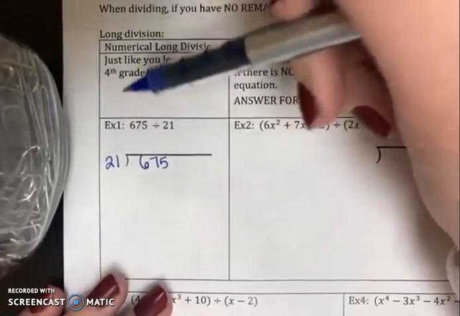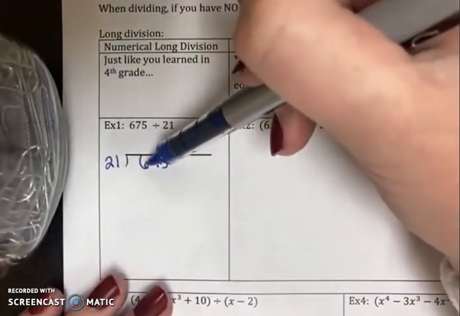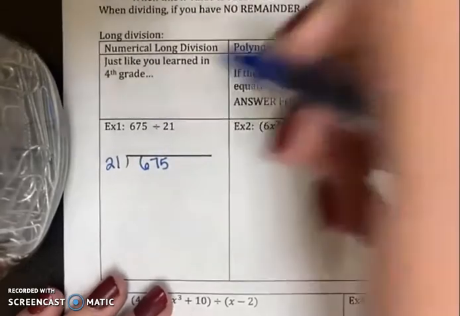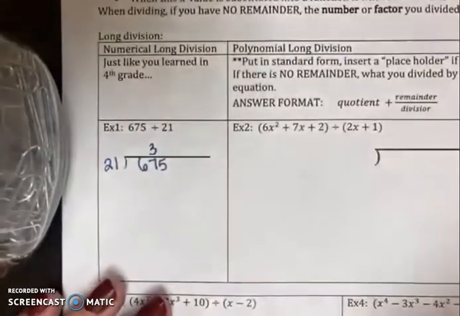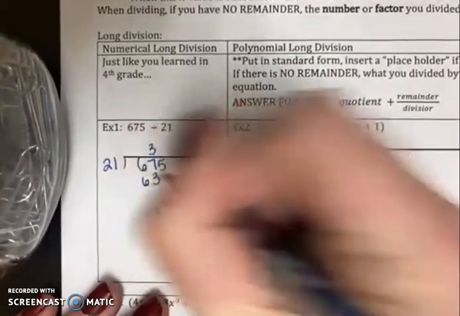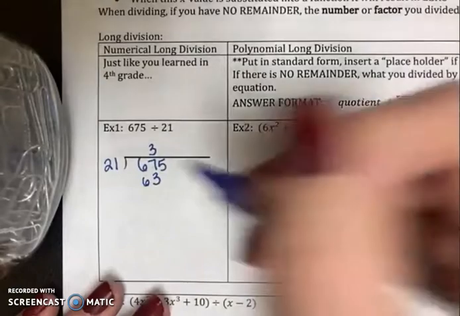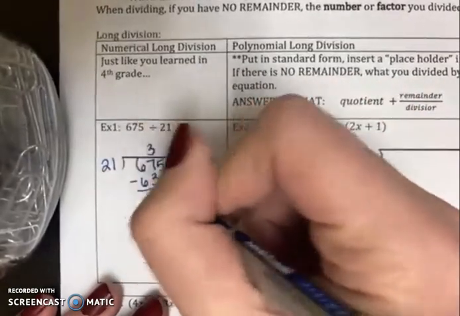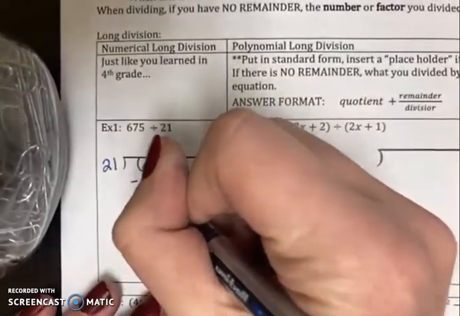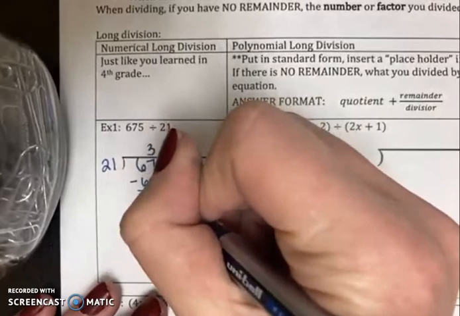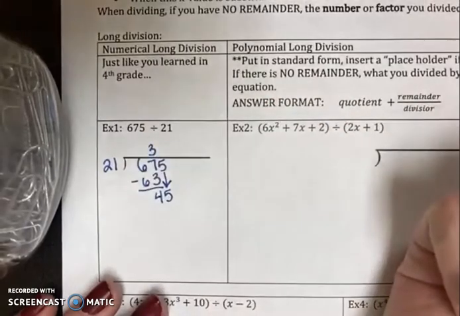Well, let's break it apart. 21 doesn't go into 6, but 21 can go into 67, a total of 3 times. 3 times 21 is 63. We would like to subtract that number, so 67 minus 63 becomes a 4. And then remember, you would bring down your next term, which is 5.